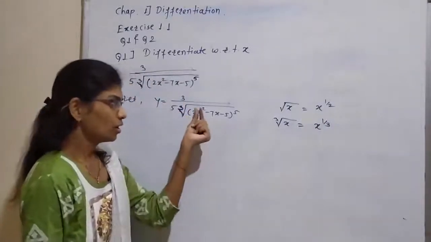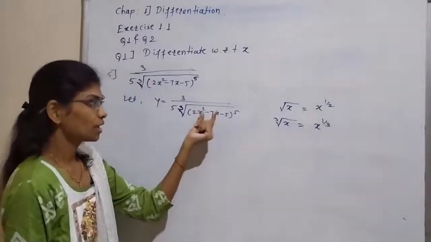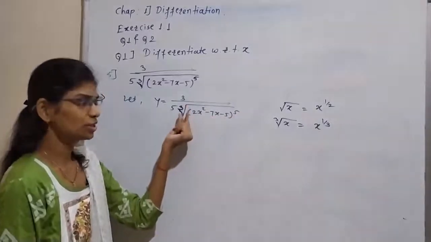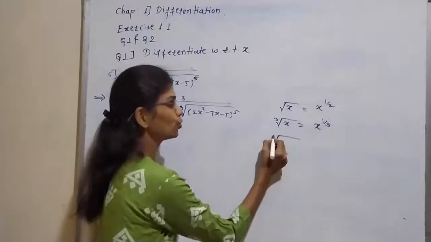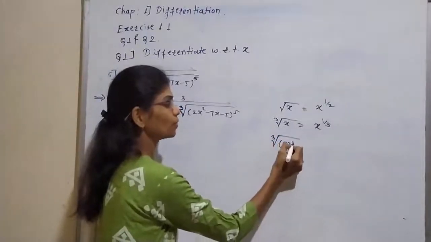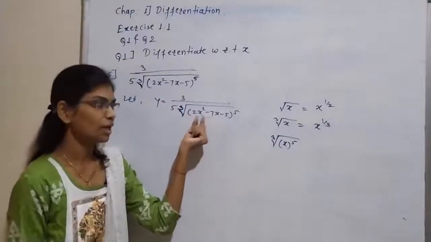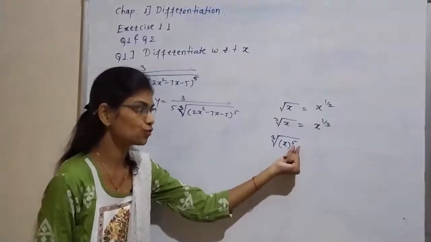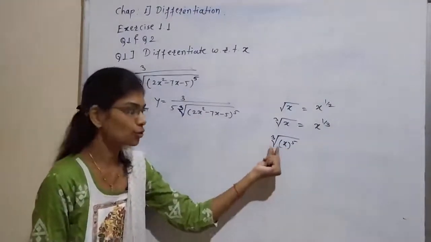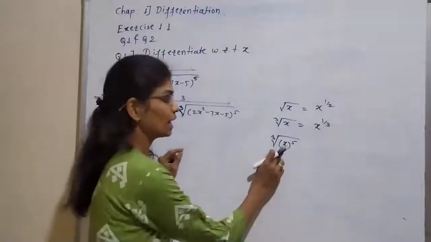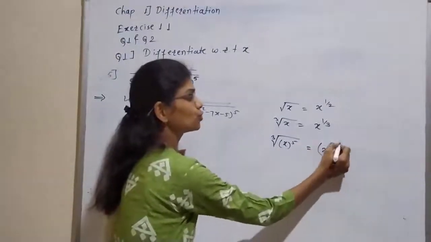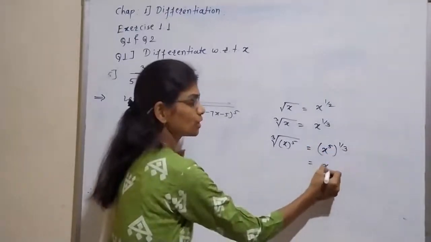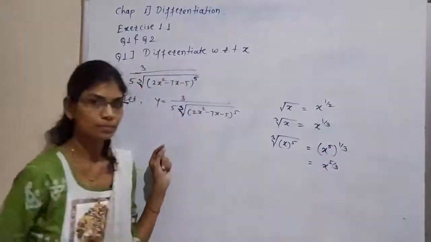And here the whole term raised to 5, which is in the form of a cube root, that is cube root of x raised to 5. This one is in the form of a whole function raised to 5, which is in a cube root, and this can be written as x raised to 5 raised to 1 by 3, which is equal to x raised to 5 by 3.